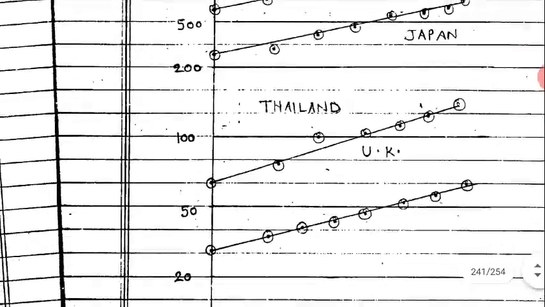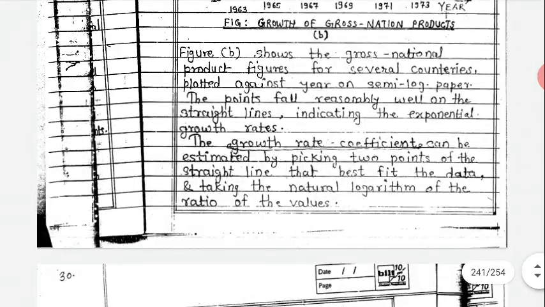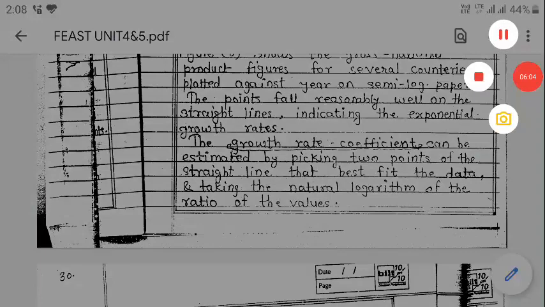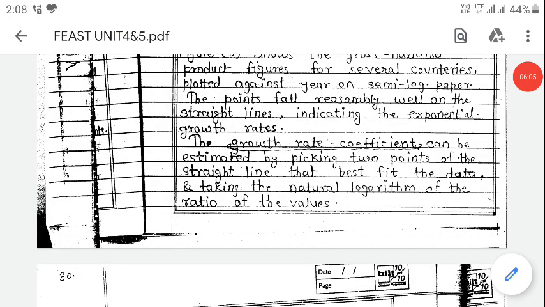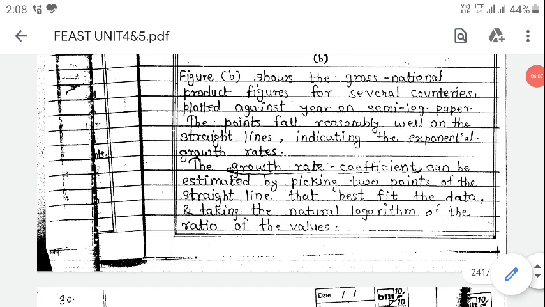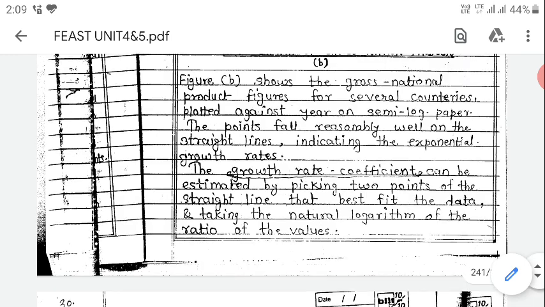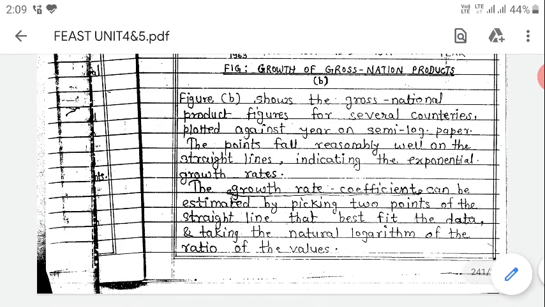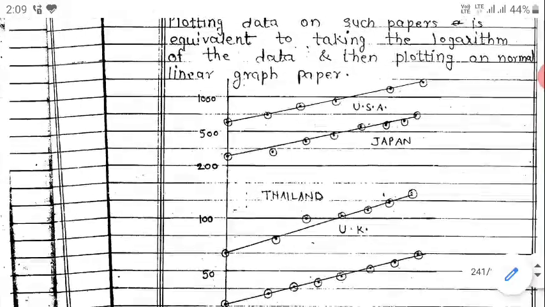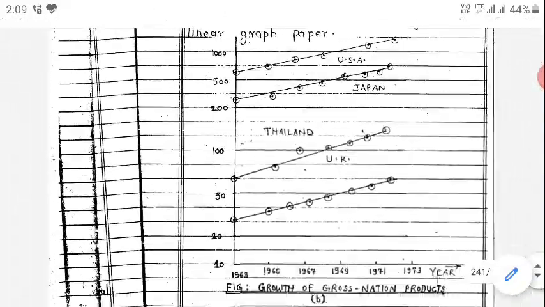We take those two points at random on the straight line that fits the data best, and taking the natural log, we can get the relation.